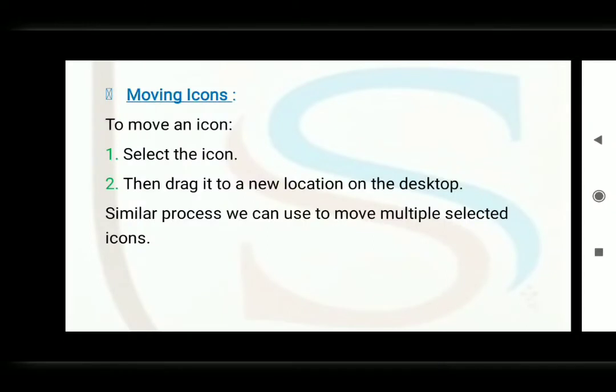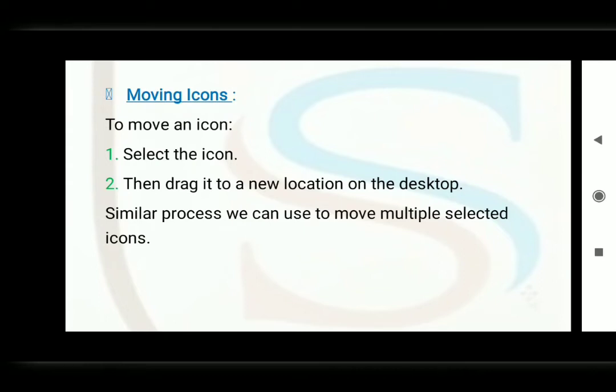Moving icons: how we can move the icons from one place to another of our choice. The steps to move an icon are: select the icon, then drag it to a new location on the desktop. It is a very simple process. If you have to move only one icon, then you will select only one icon.